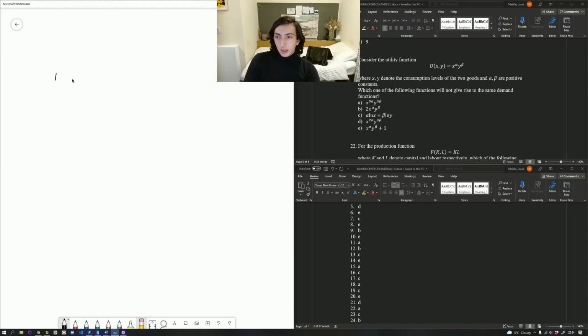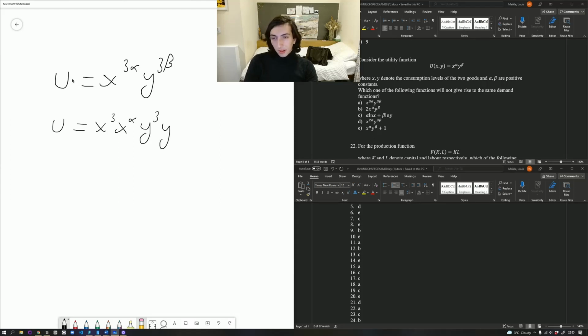So, u is equal to x^(3alpha) y^(3beta). What we can essentially do here is we can factor out these 3's. Now, you can see that essentially they're multiplied in. So we can do x to the power of 3 alpha, and then y to the power of 3 beta, and you can essentially remove these, okay?